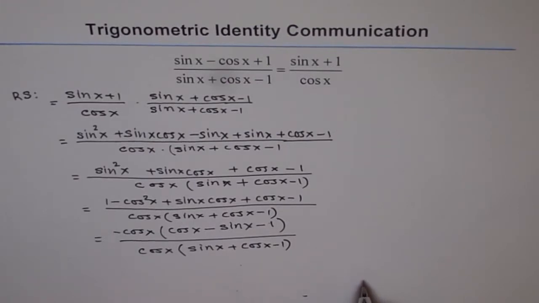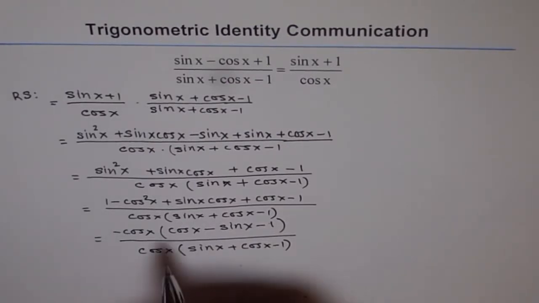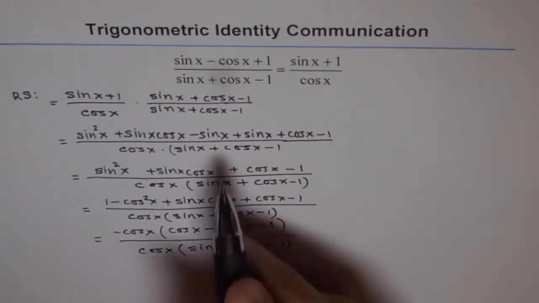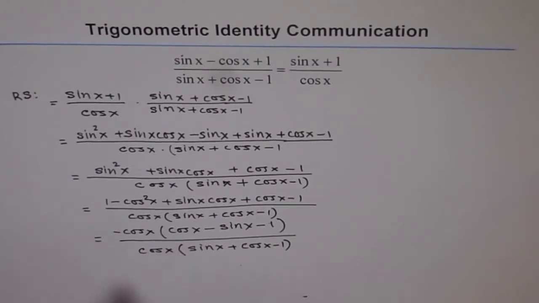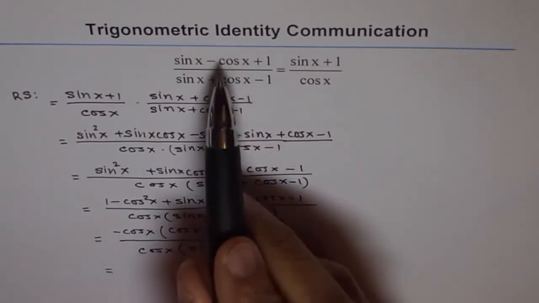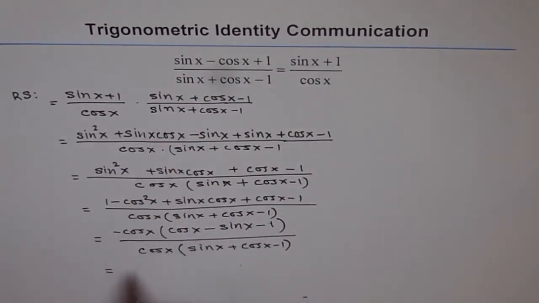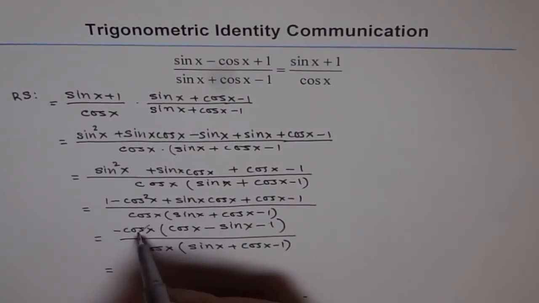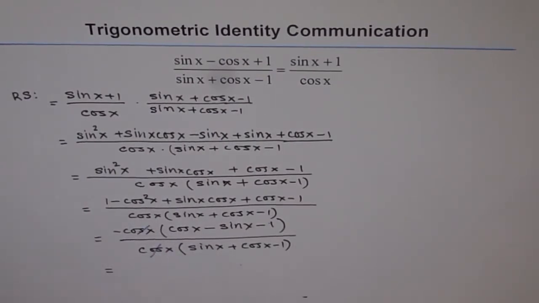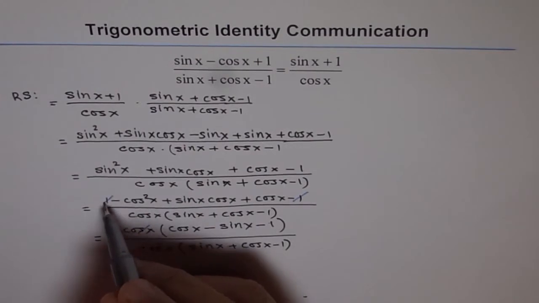I could have taken plus cos x because I need reverse signs, but it doesn't matter. So cos x and cos x cancel out. And in fact, I'll multiply back with minus because I'm seeing minus for cos and plus for sin. So it makes sense. The common factor cos x will cancel out, minus 1 and 1 got cancelled out.